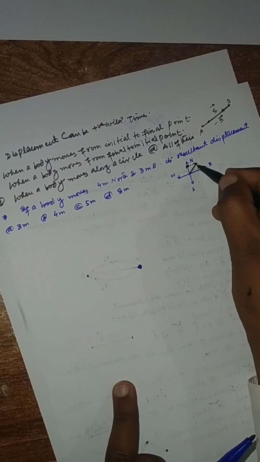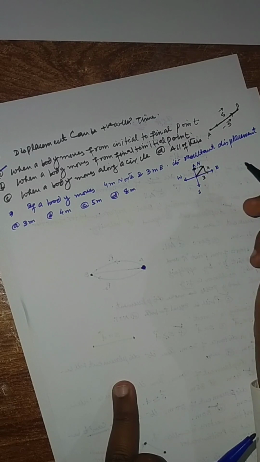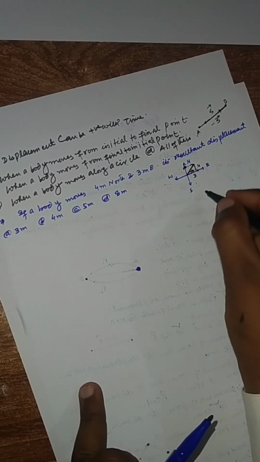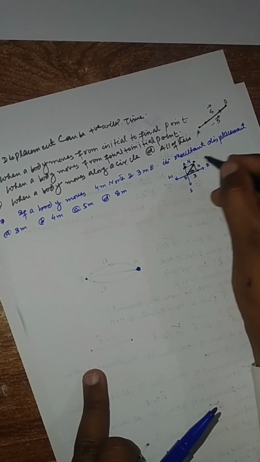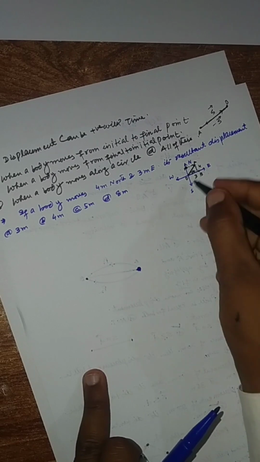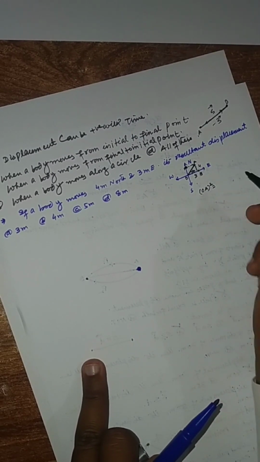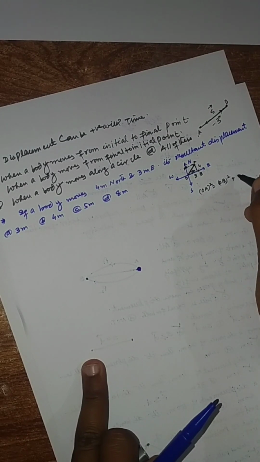By using Pythagoras theorem, let's say this is O, this is A, this is B. So OA is the hypotenuse, OB is the base, and BA is the perpendicular.